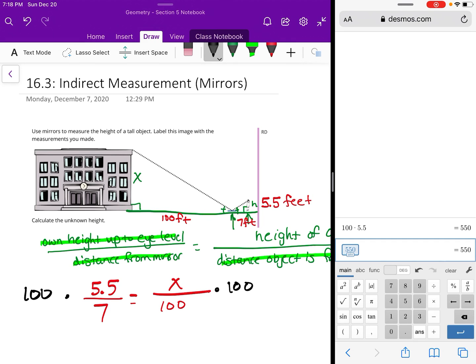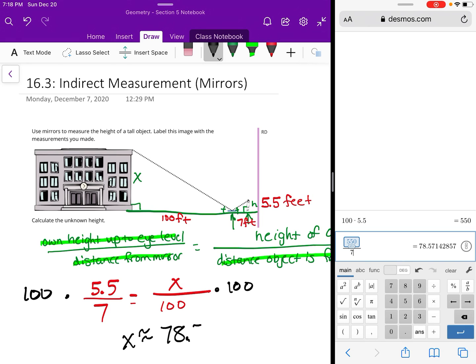Then I'm going to take that answer and divide by 7. And so the height of that object is approximately 78.57 feet. So just over 78.5 feet. Which would be really hard to try to take a tape measure and measure. Okay, so this is where we can indirectly measure the height of a tall object that we wouldn't really be able to physically measure.